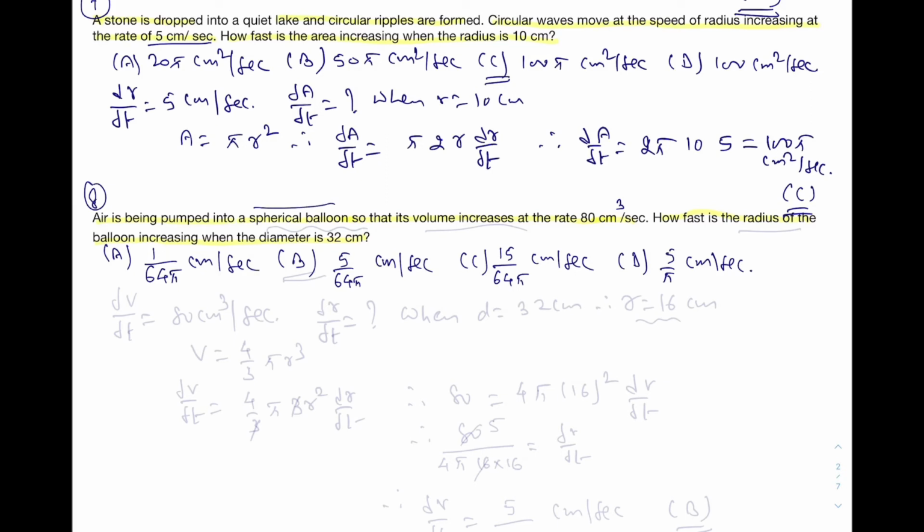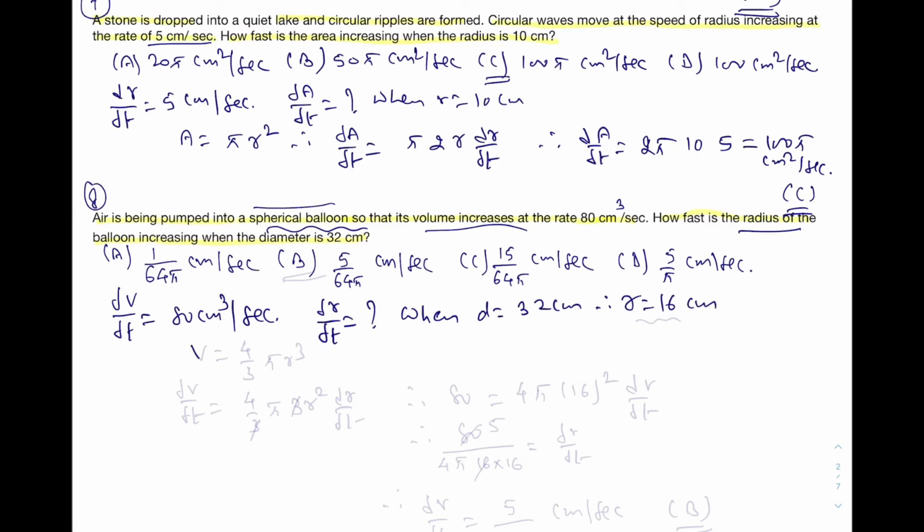Now it is spherical, so we are having volume. Now what are you given? Volume increasing, so dV by dt is given as 80 centimeter cube per second. Radius we want, so dr by dt, but take care, when diameter is 32, that means r is 16 centimeter.